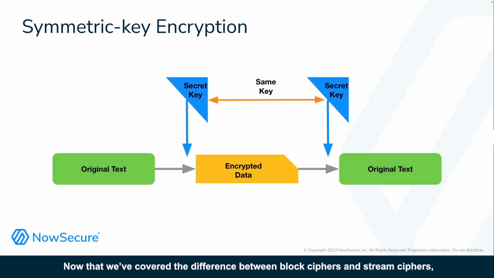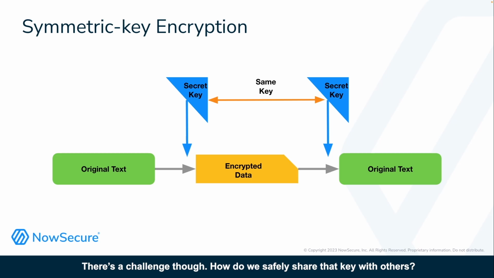Now that we've covered the difference between block ciphers and stream ciphers, let's look at two dominant approaches to encryption. First is symmetric. Think of symmetric encryption as having a key to a door, whether it's a door to your house, office, or car. You would use exactly the same key to both lock and unlock that door. There's a challenge, though.